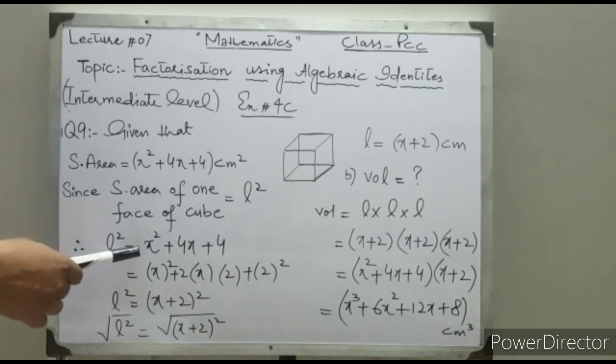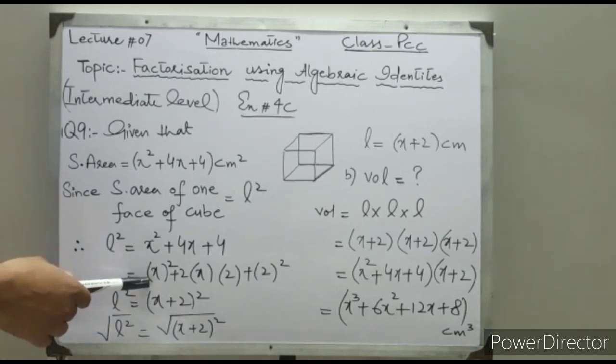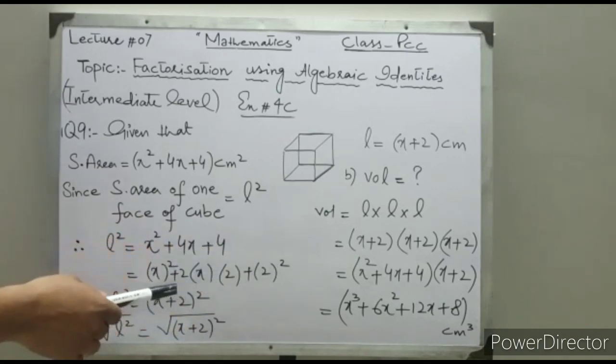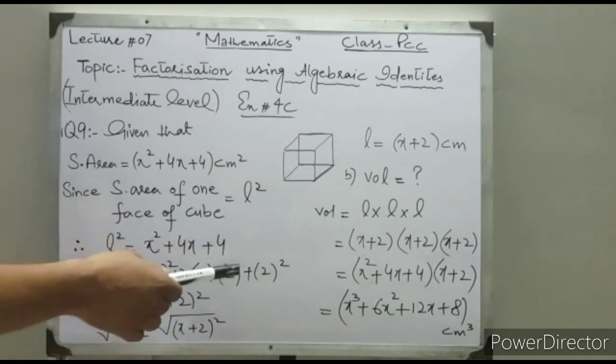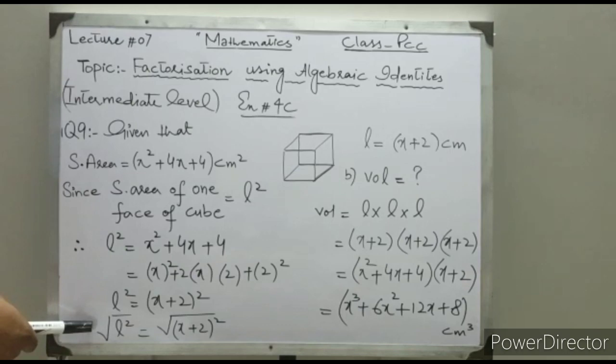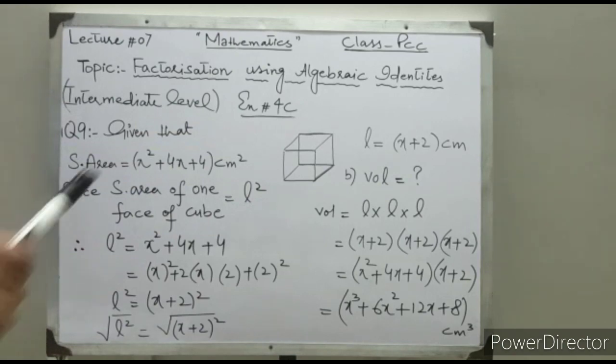Now factorize this expression. X square, 2 square will be equal to 4, and in the middle we have to write 2ab. So the final answer will be (x plus 2) whole square. Take square root on both sides. We have the length of each face of the cube is equal to x plus 2.